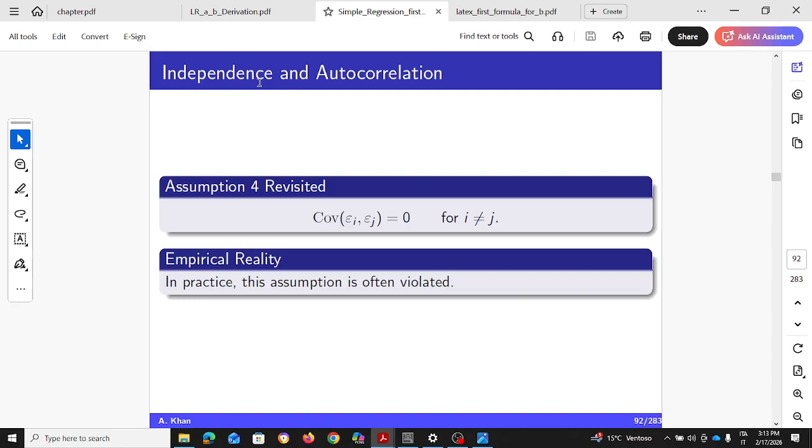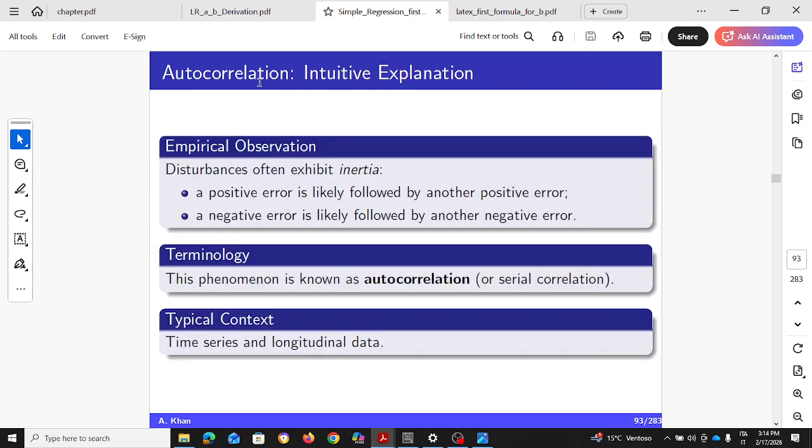Now, the other assumption was the covariance between the error terms should be equal to 0. But in practice, also sometimes this covariance in many scenarios is not equal to 0. Okay. So it violates. Why? Because sometimes a positive error is likely to be followed by another positive error. So you can sparsely find a kind of pattern here, and this is more common in time series or longitudinal data sets.